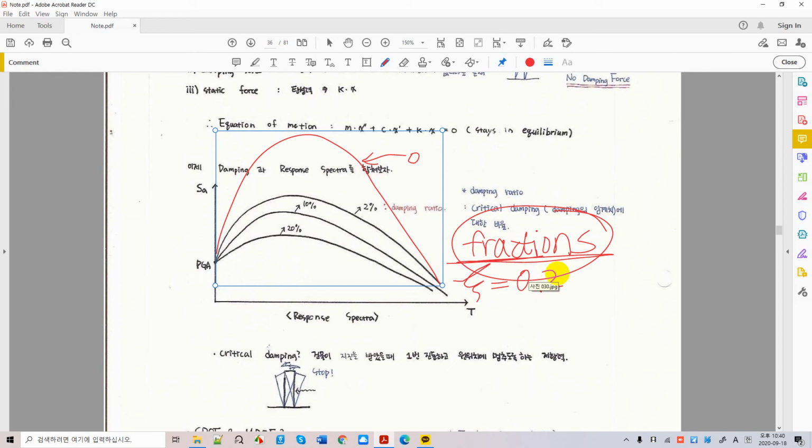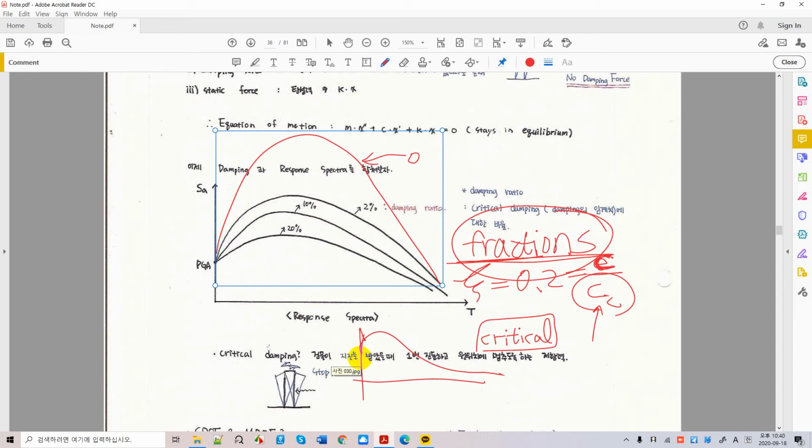Okay, 0.2 means equal to some damping coefficient C over Cc. C over Cc. The Cc means critical damping. So what does critical damping mean? Critical damping means a damping with which you can stop your building in one cycle.